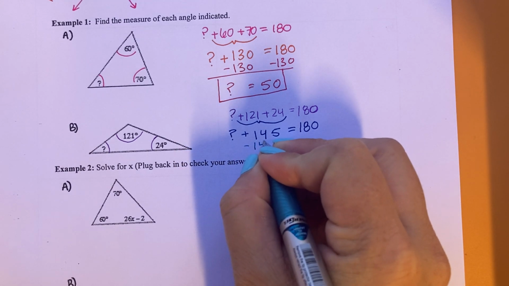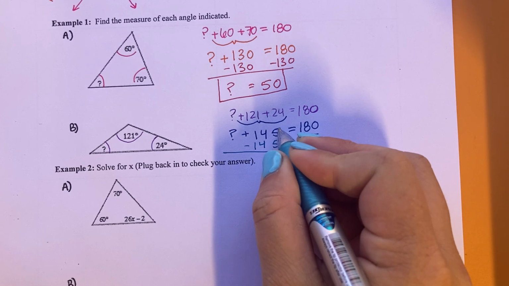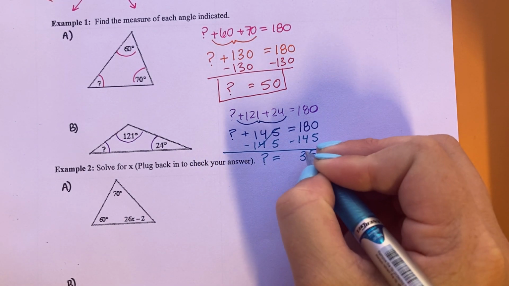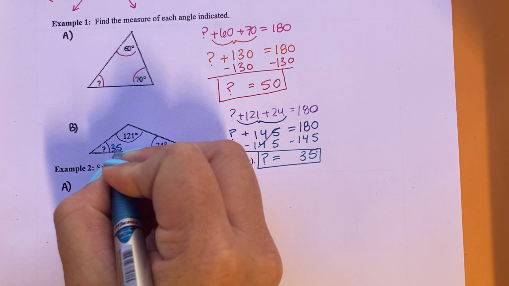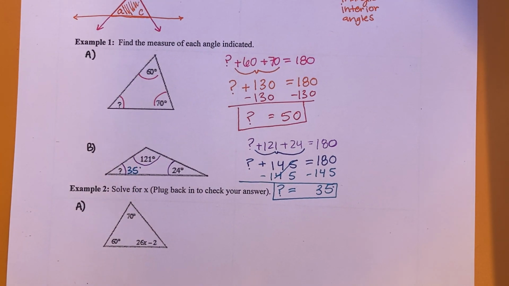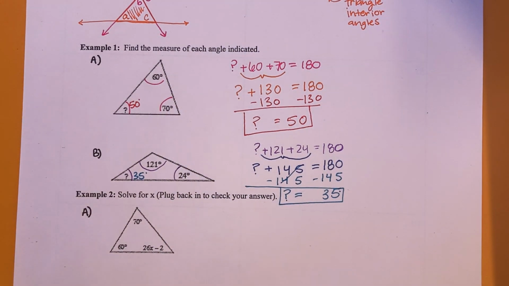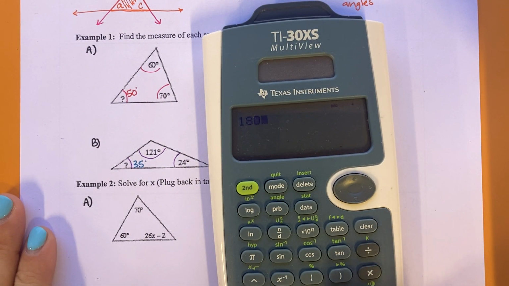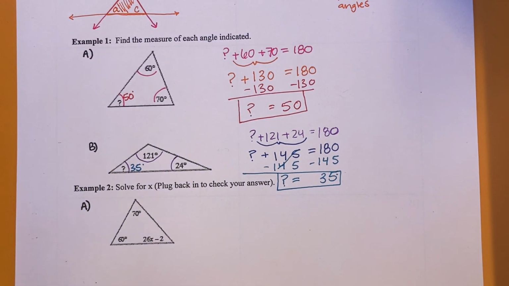We then subtract the 145, which gives us that our missing angle is 35 degrees. And I'm going to write the 50 in up here as well. This was 50 degrees in there. Okay. Checking my work, 180 minus 121 minus 24 is 35.